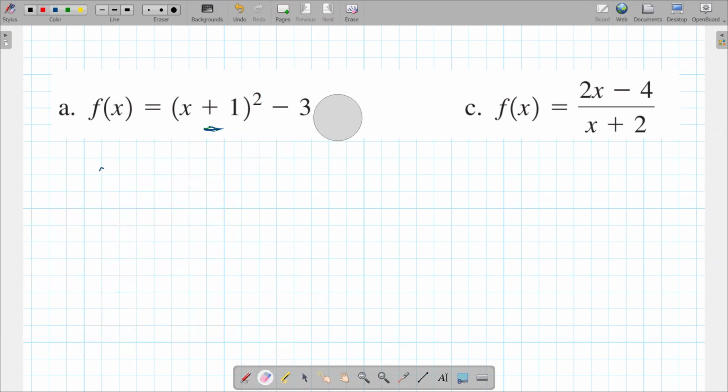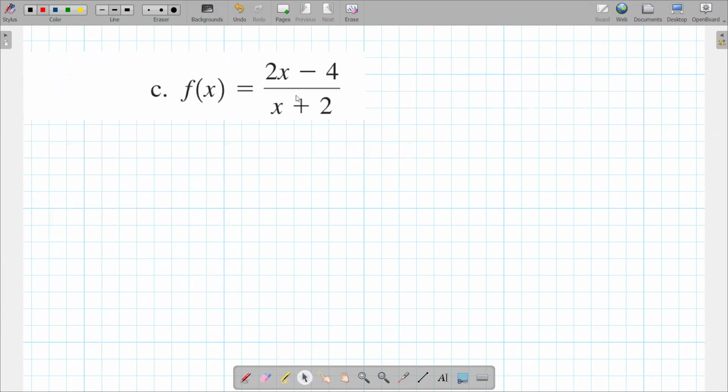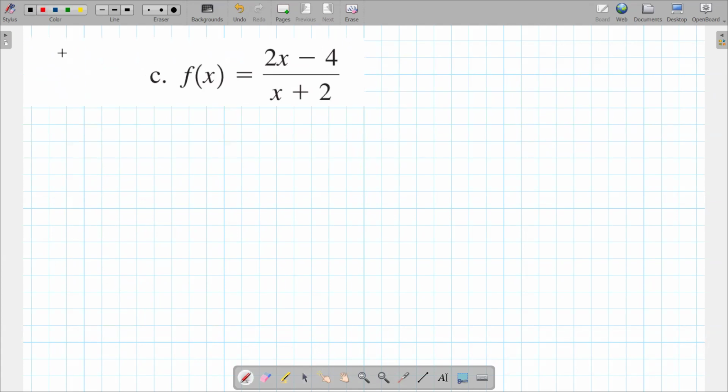Sketching C isn't as easy. And this is going to be the goal of this chapter: how do you sketch something like this? What's the name of this function? What would you call this? It's a rational function. So to graph this, you need to first do your asymptotes.